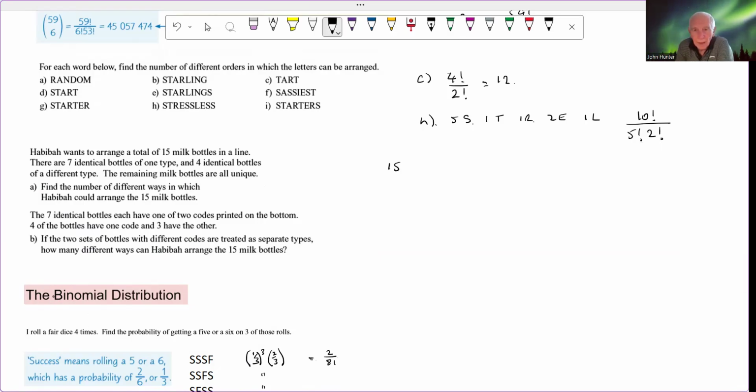So that's where we start off, 15 factorial. 7 are identical of one type, so we need to factor that out. We need to factor out the order of the 4 identical bottles of a different type. There are basically 4 other bottles.